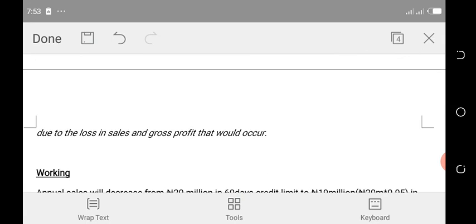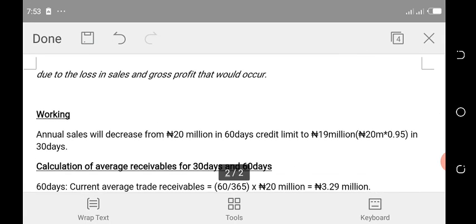Now by reducing it, our annual sales will decrease. We are told our annual sales will decrease by 5%. So our annual sales when it's 60 days is 20 million, but when we reduce it, it will be what? 19 million.